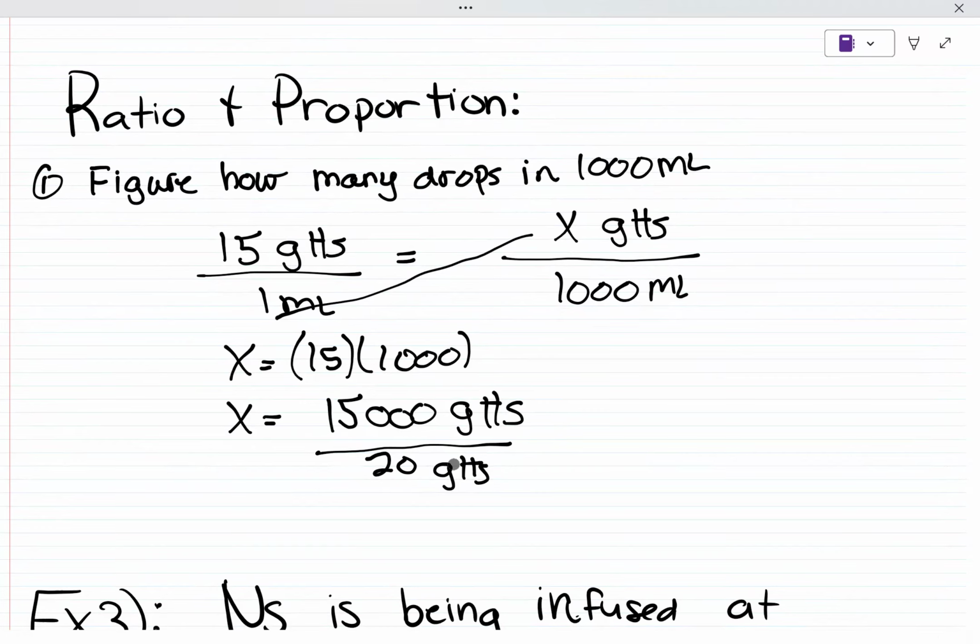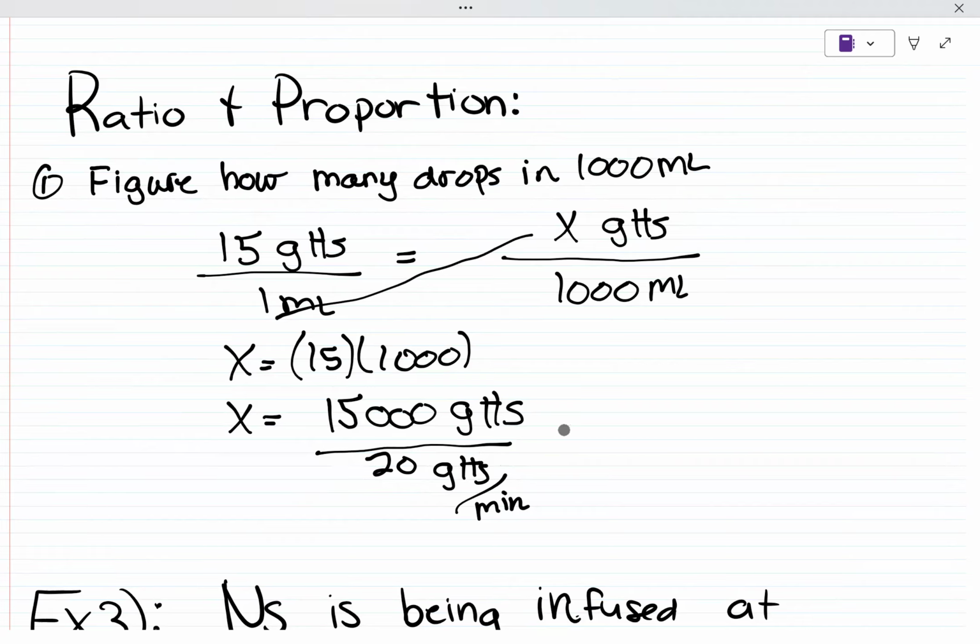That was given, 20 drops per minute. You have to be careful with these, this is a complex fraction. And you have to realize that the drops don't just automatically disappear. So let me show you.